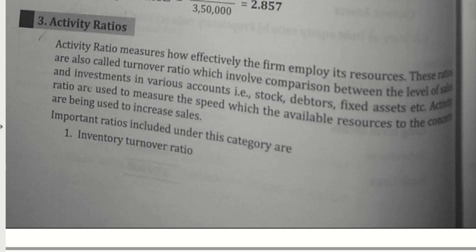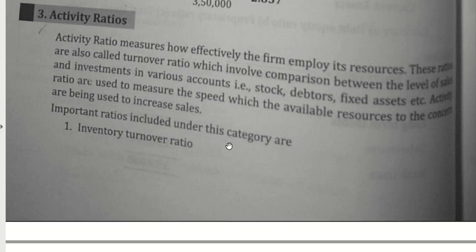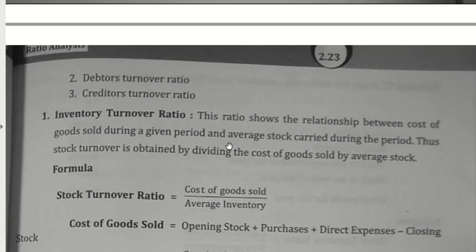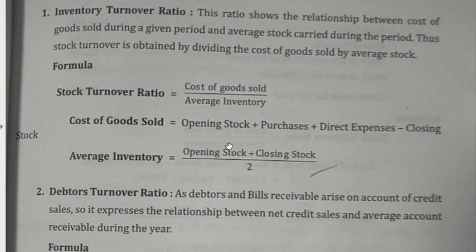So in the question, if they tell you to find out the turnover ratio, you should understand that it is activity ratios. So the important activity ratios are inventory turnover ratio, debtors turnover ratio and creditors turnover ratio. Very important formulas one needs to understand.